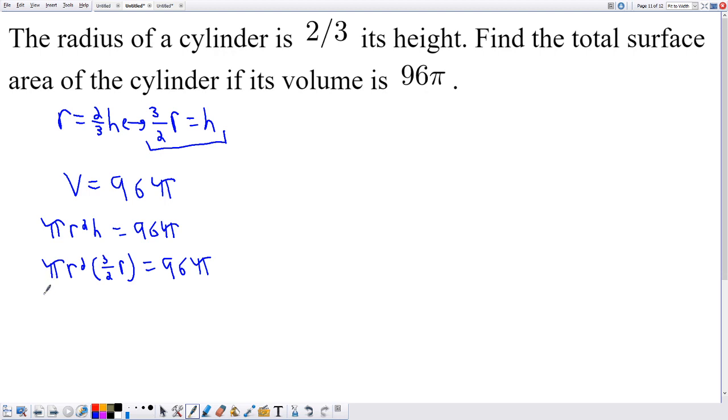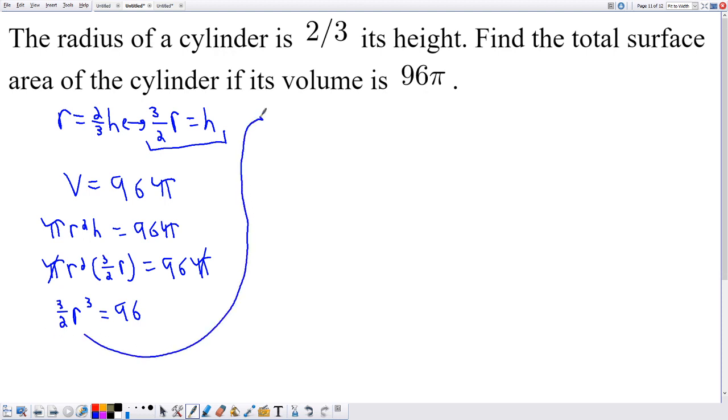So let's think this out. Dividing by pi on both sides will cancel out both of those terms. R times r squared is r to the third. So we have 3/2 r to the third equals 96.